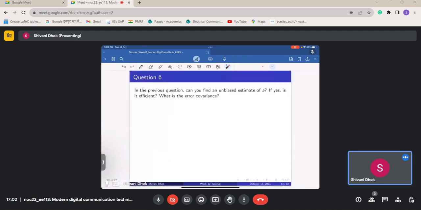Okay, so what we need to do in this question is try to write del by del A log of f of y given A as IA multiplied by some function of y only.